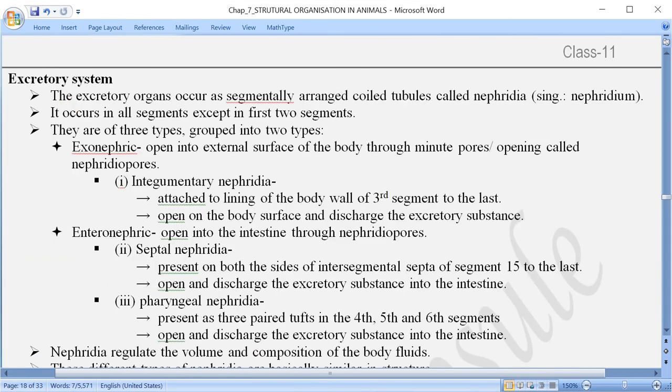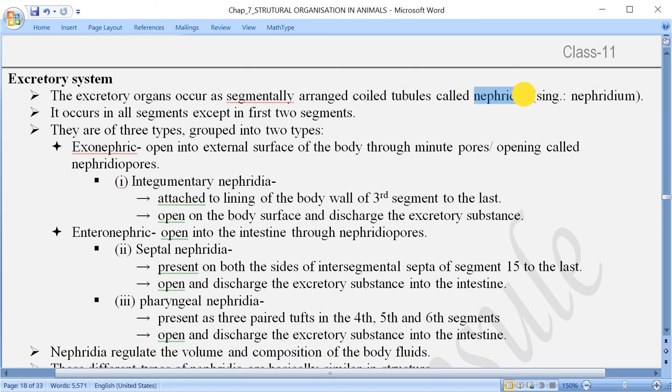Coming to the next one is excretory system. You understand what is the meaning of excretory system. Whatever waste is formed in the body, that has to be discarded or removed outside the body. So over here what happens, excretory organs are there, and these occur in each segment. Means they are arranged segmentally, as coiled tubules, and these structures are called as nephridia. ये क्या है?